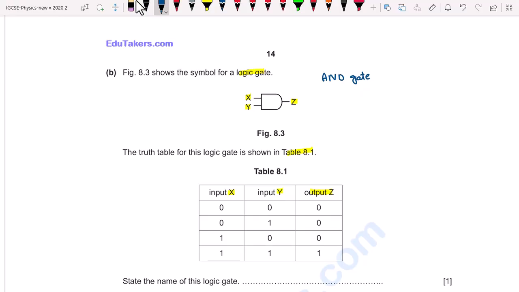You can see from here that for the combination 1, 1, meaning both inputs are high, the output will be high, that is equal to 1. Otherwise, the outputs are 0 for all other combinations of inputs. When we take 0, 1, the output is also 0. So this gate is basically an AND gate. So I write here AND gate.